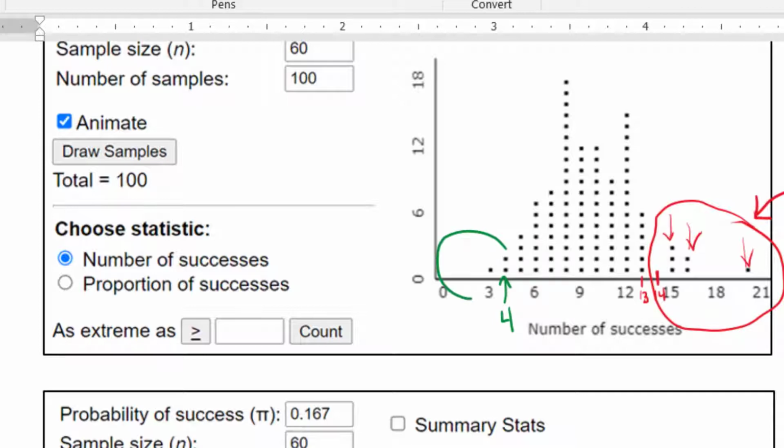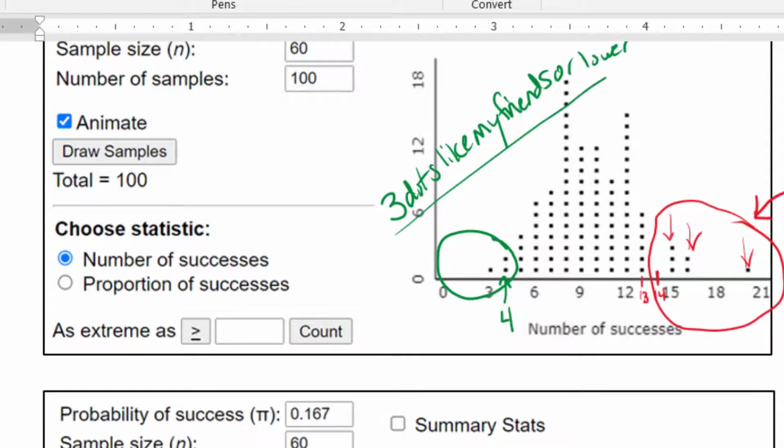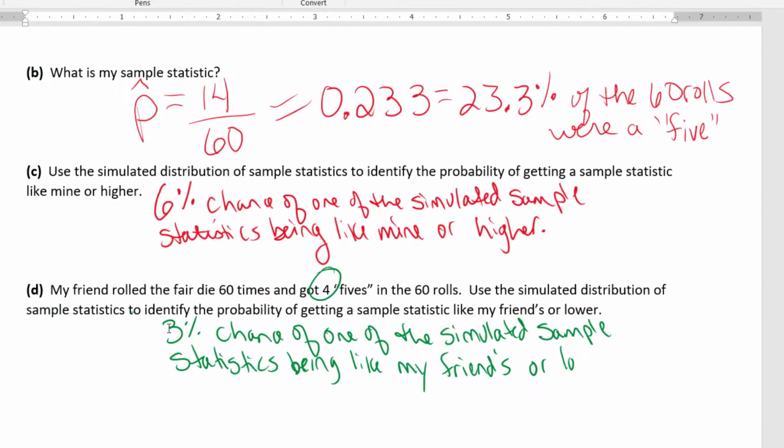So how many are like that or lower? There are 3. So 3 dots like my friend's or lower out of 100 total dots. That means the probability is 0.03, or a 3% chance that one of these simulated statistics is like my friend's or lower. Again, yours might be a little different because your distribution would be a little different.